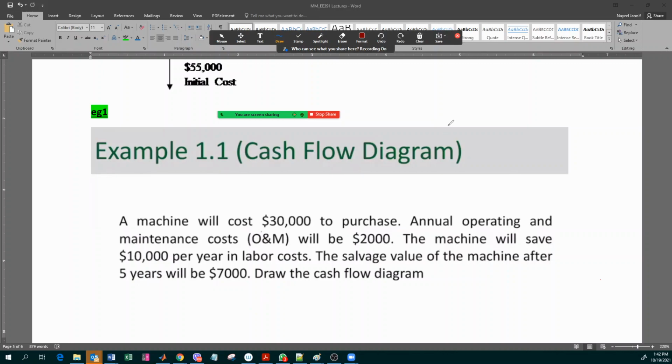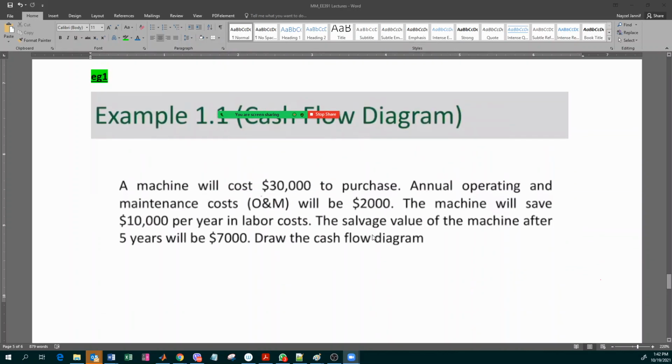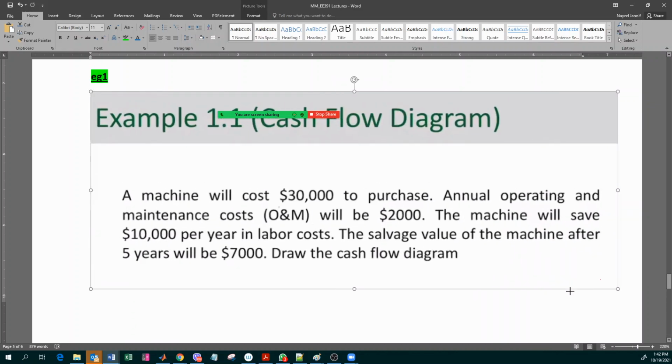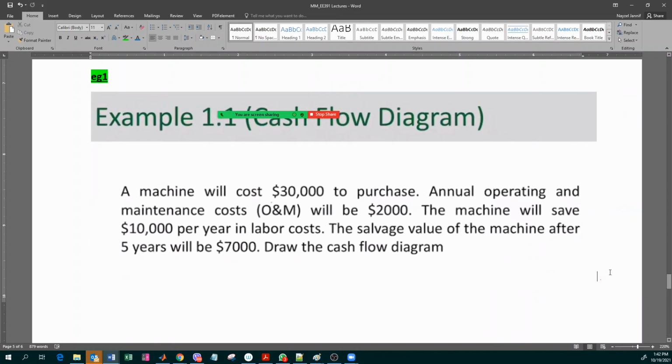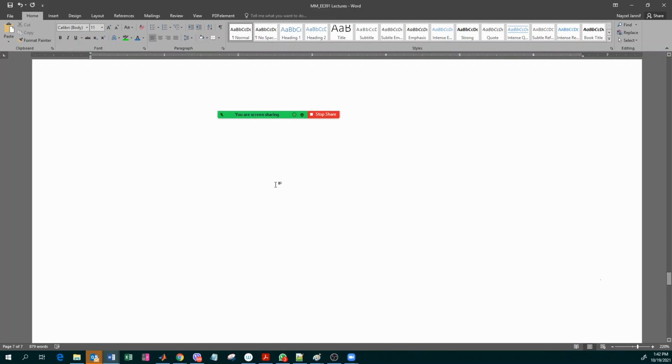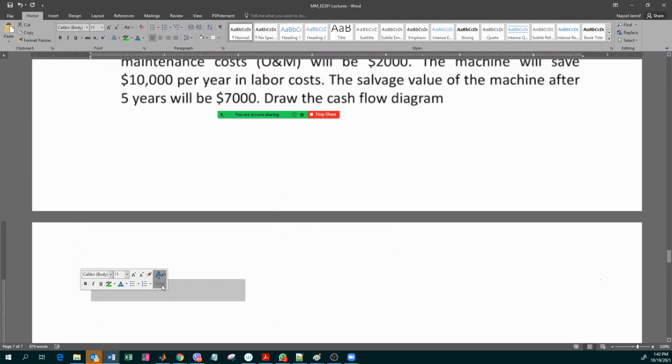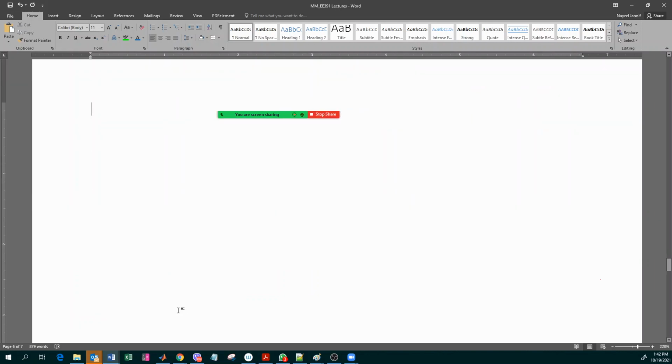Okay, I'll do it over here. Let me open that screen and annotate.